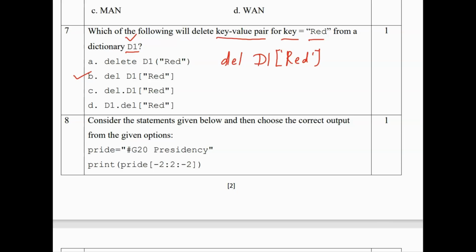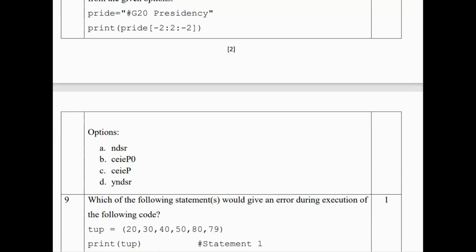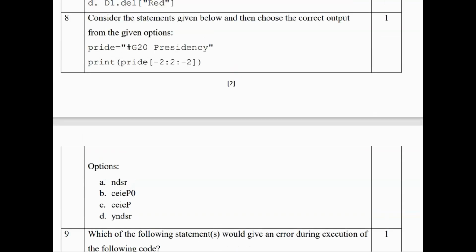So let us move on to the next question. Question number 8. Consider the statements given below and then choose the correct output from the given options. They have given two statements which come under slicing operations. They have initialized a string, G20 presidency, in a variable.